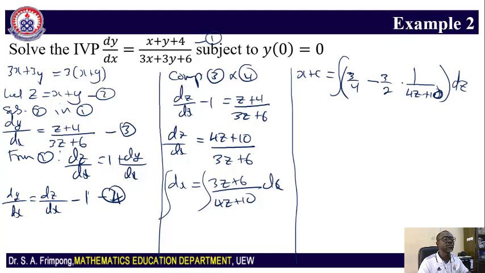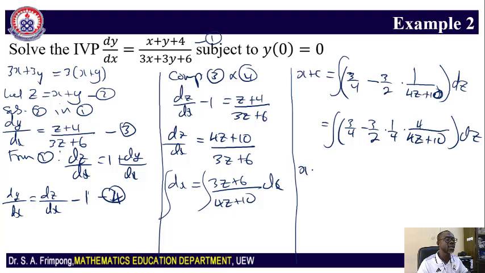Now again, we know that if I differentiate this, I'll get 4, but the 4 is not here, so I'll bring the 4 there and divide by 4. So we can rewrite this as the integral of 3 over 4 minus 3 over 2 times 1 over 4 times 4 over 4z plus 10 dz. Now when I differentiate it, I get a type, so we know it's ln of that.